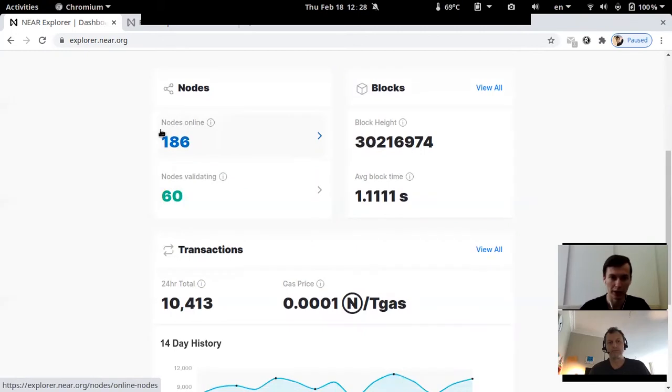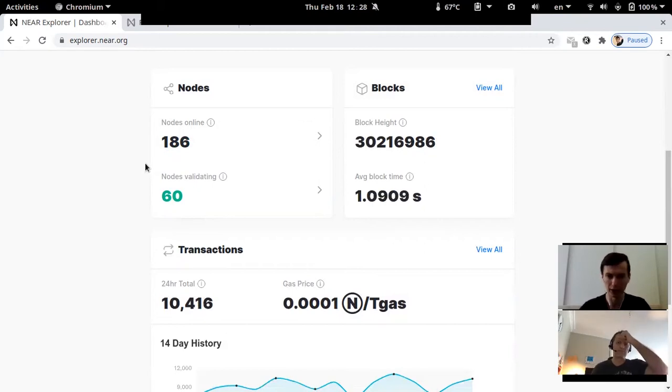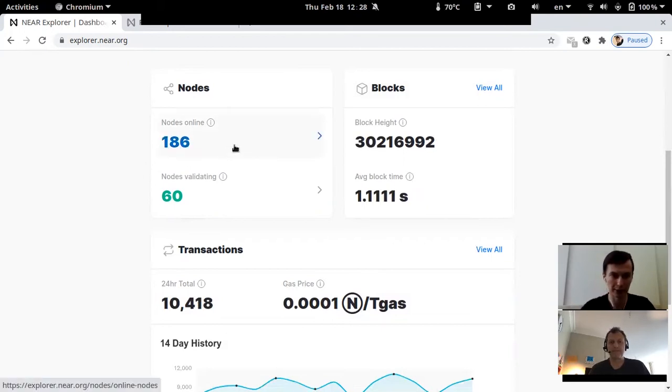Online nodes are all those validating nodes plus those who are using the near core software to essentially get access to the data.